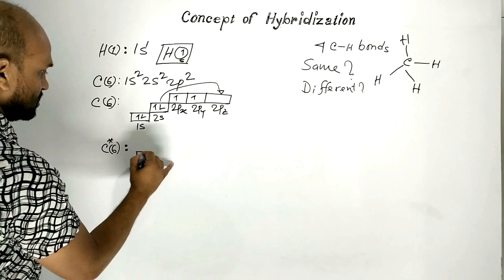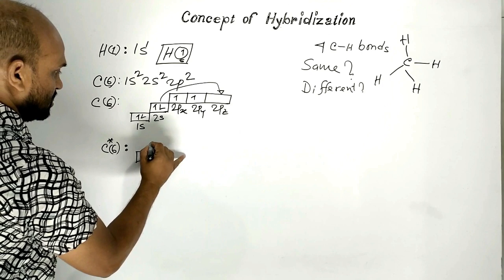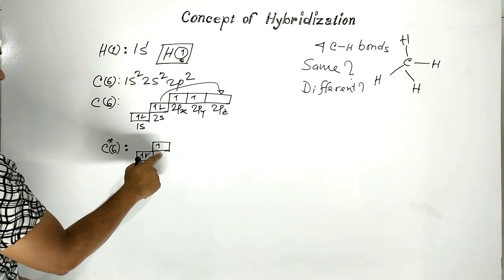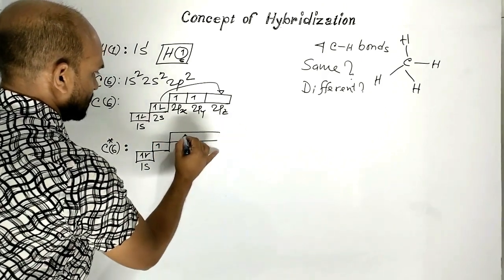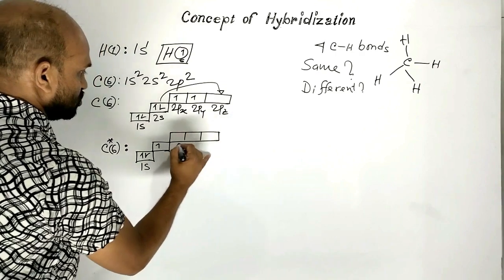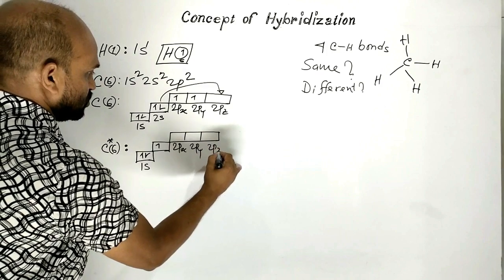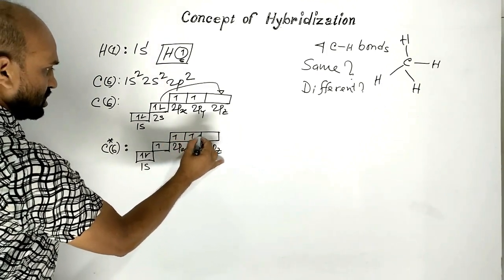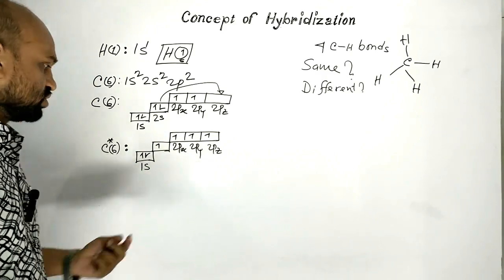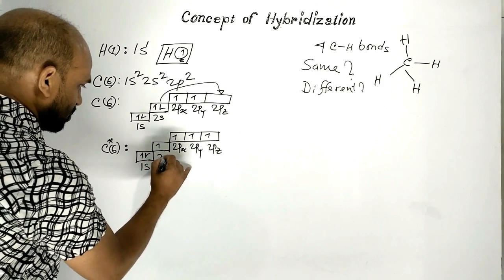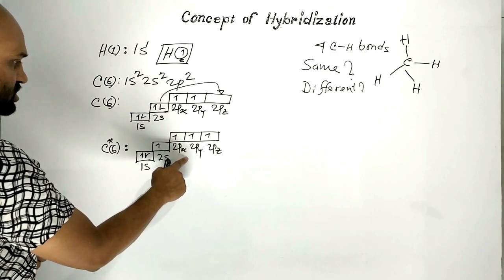Then 1s remains intact, 2s now contains one electron, and 2px, 2py, 2pz contain one electron each. That is, at the excited state of carbon, the 2s orbital contains one electron and the 2p orbitals contain one electron each.